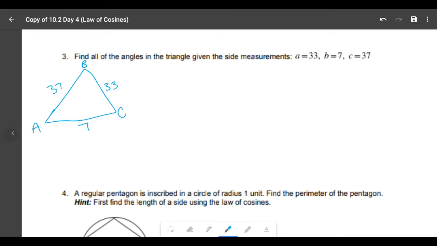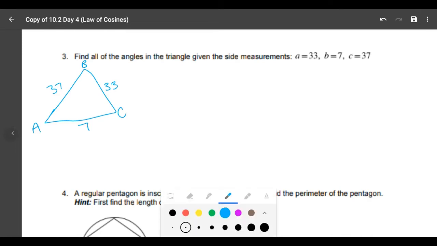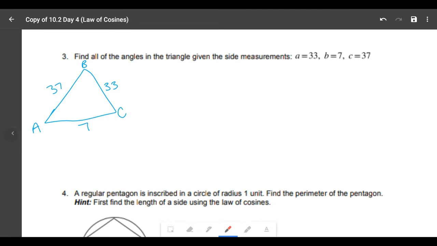And so we have to find all of the missing angles within this triangle. First thing that I'm going to do is I'm going to go ahead and look for angle A. And so if I'm looking for angle A, I'm going to need to pick the equation that has angle A in it. So that is going to be this one.